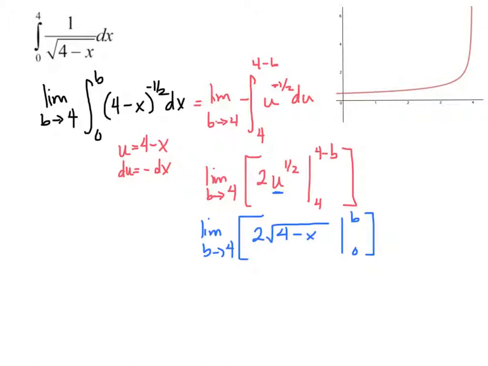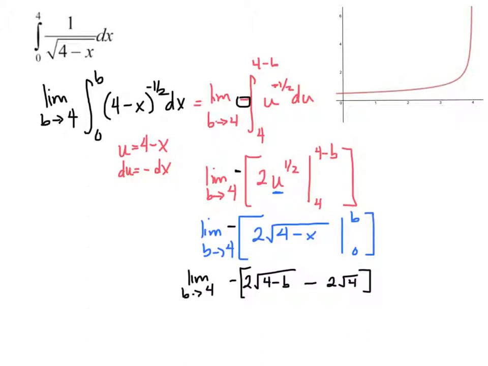So now I substitute b in, so I get 2 square root of 4 minus b, and I substitute 0 in, so 2 square root of 4, and I should note that we do have a negative. I dropped it, remember this negative up front, so put the negative out front there. So the limit as b approaches 4.